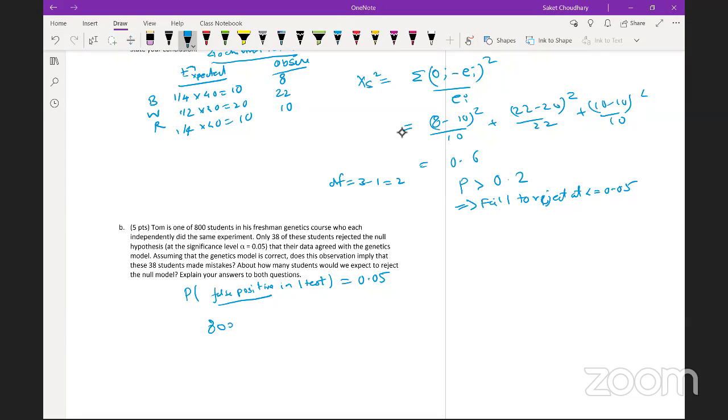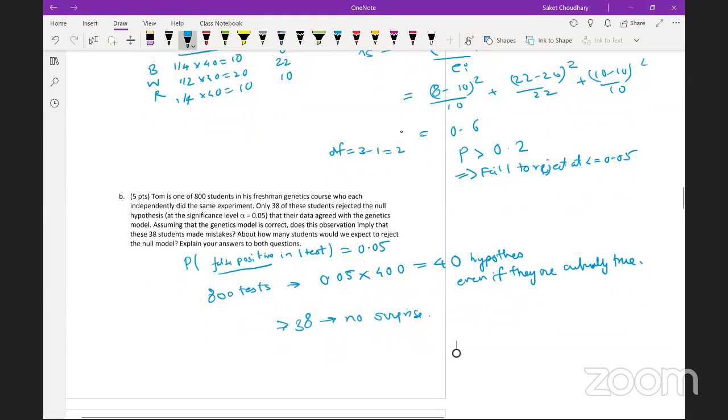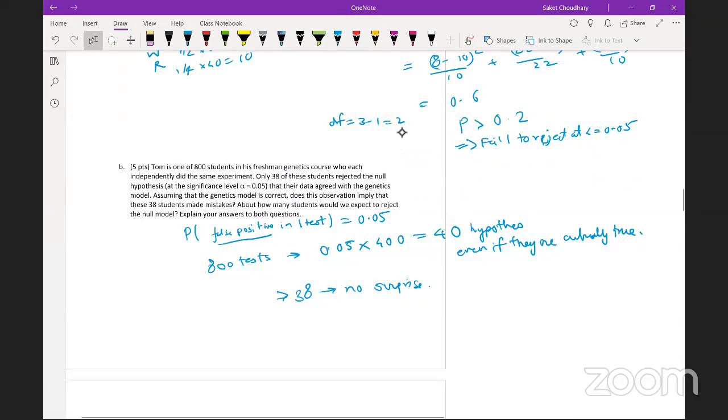Now, if you're doing 800 tests, in essence, you expect that you will end up rejecting 40 hypotheses, even if they're actually true. Okay. And this, in a sense, is how the testing is set. This is a trade-off that you make. So you're seeing 38 of them. There's no surprise, right? Just because this is our expectation of around 40 of them being an error.